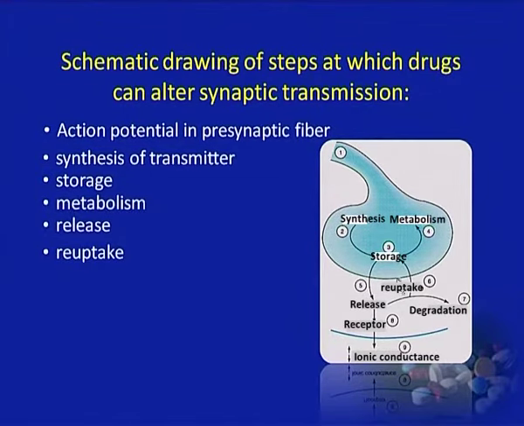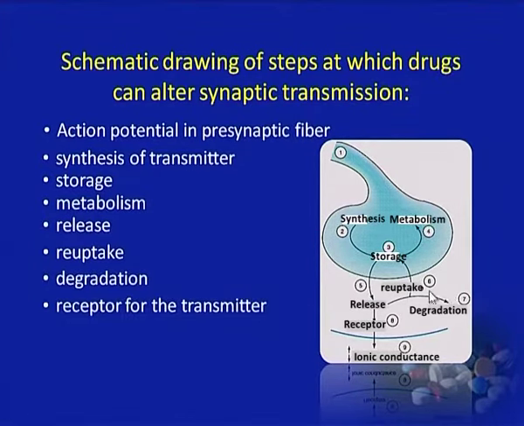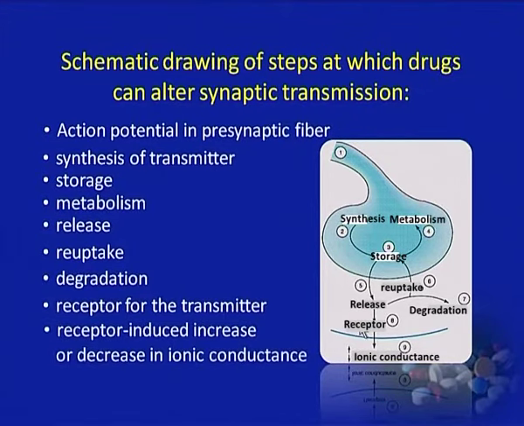Then you can see reuptake here. In the next step, degradation takes place, and the receptor for the transmitter is the next step. And finally, receptor-induced increase or decrease in the ionic conductance.